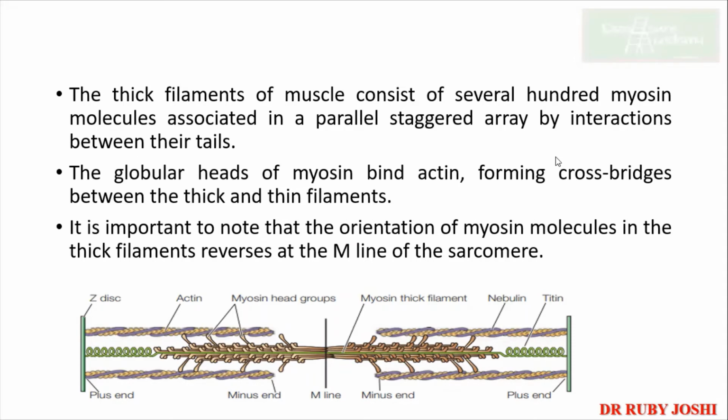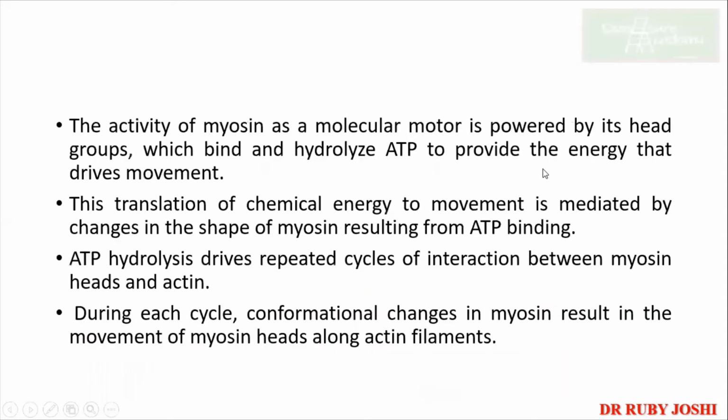Yes, ma'am. Okay. Now, the activity of myosin. It's a molecular motor, and I said for each step it needs ATP. Okay, so this is mediated by the ATP binding. So ATP hydrolysis drives the repeated cycles of interactions between the myosin head and the actin. So the chemical energy of ATP, on hydrolysis, helps in changing the shape.